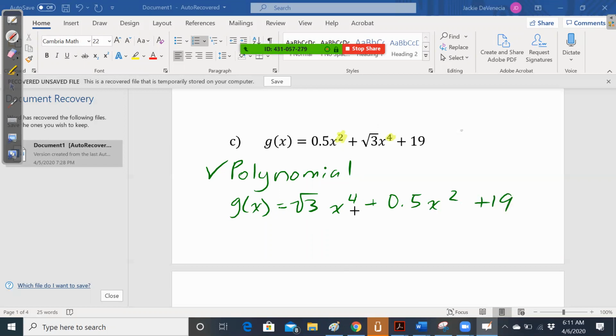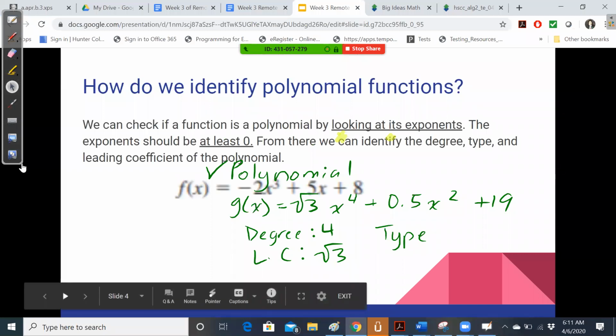Okay, cool. So now it's in standard form, and I can go ahead and get my degree, which is a 4, my leading coefficient, which is the square root of 3. And now if they were asking me what type, I would just look back at my chart from before.